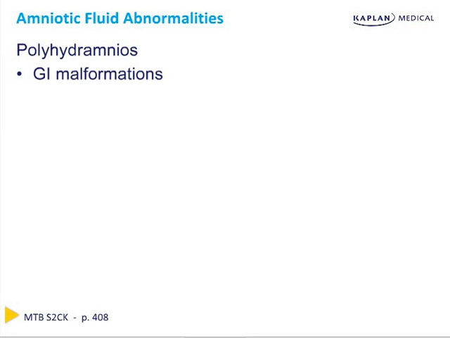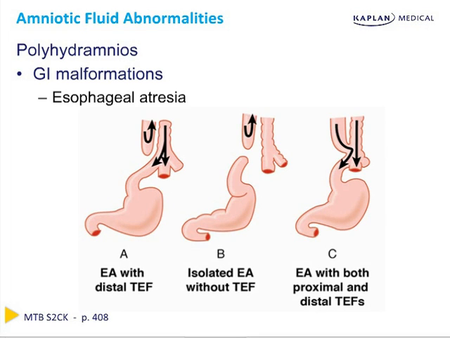In GI malformations, particularly esophageal atresia, there is a blockage of the swallowing of the fluid by the baby. So part of the way that the amniotic fluid is balanced in utero is that the entire GI tract of the fetus serves as a reservoir of amniotic fluid throughout gestation.